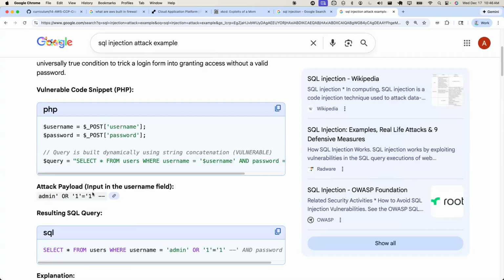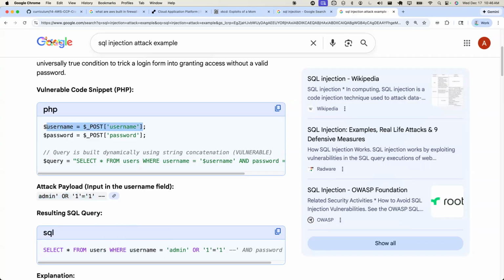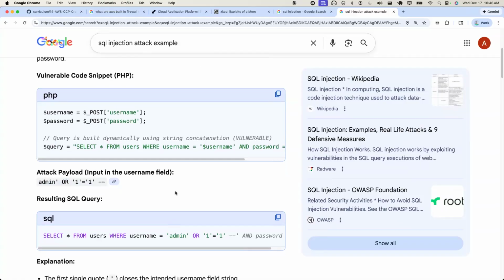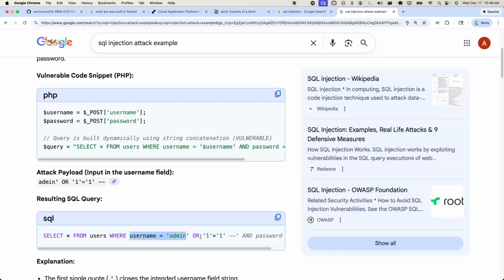Actually, it set the username to admin or 1 = 1. It set it to some SQL. And so this SQL has been passed in as the username. And here in this query, we're building a query using these variables. This SQL has been injected.